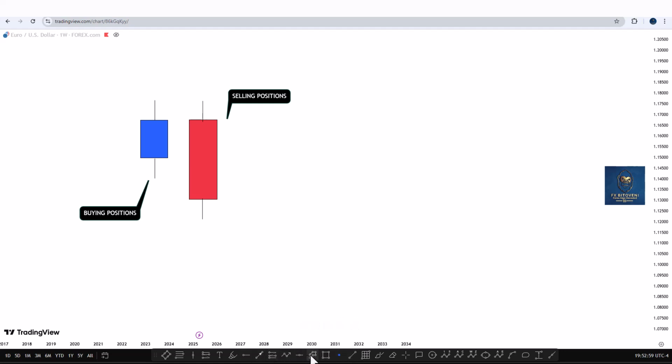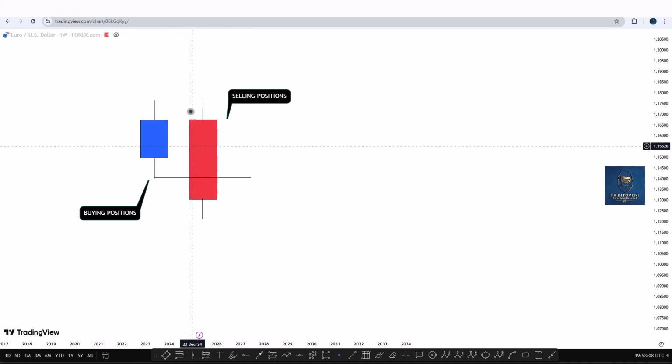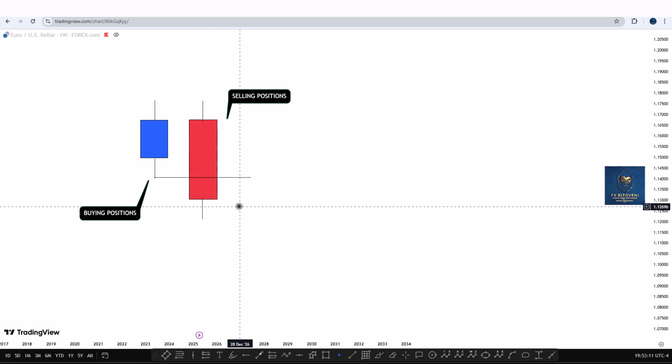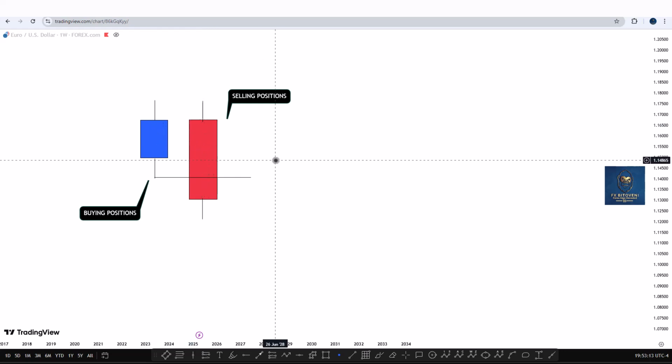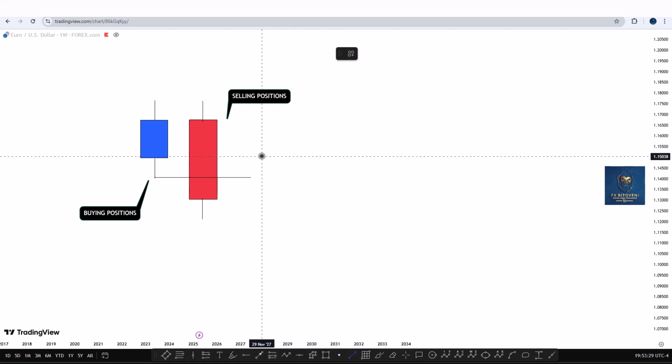So this means there is inequality between buying and selling. These two positions are unequal. Hope you can see that. It's easy, because this candle is longer, bigger than this one. This means the market is not balanced.